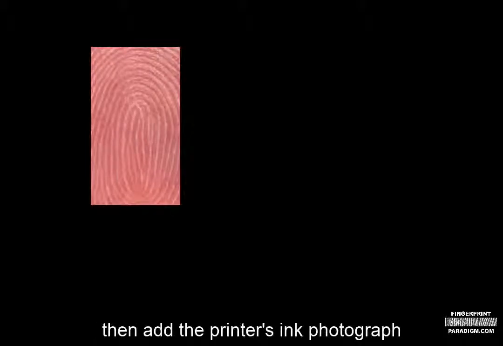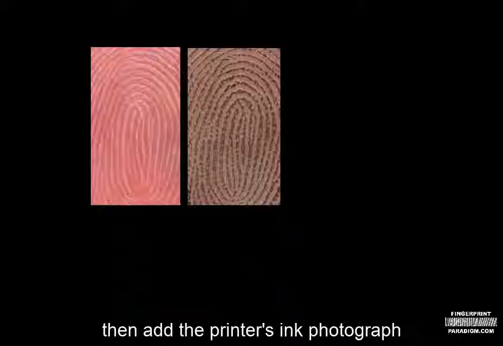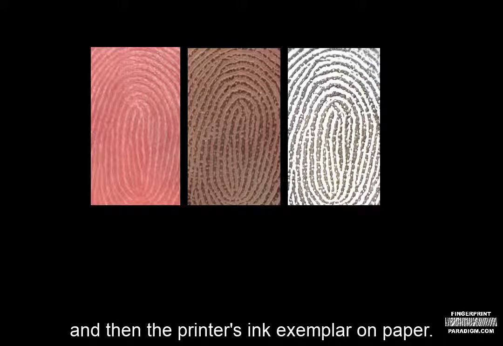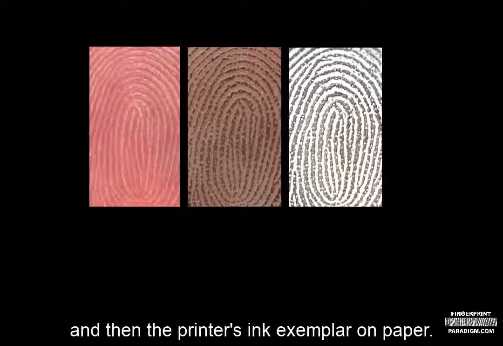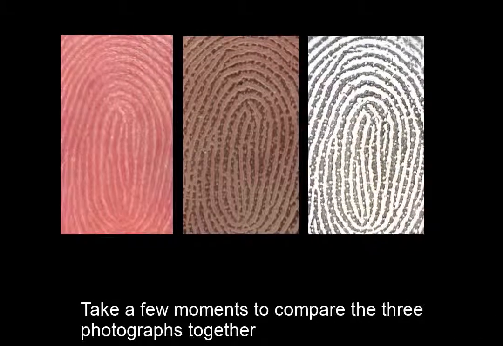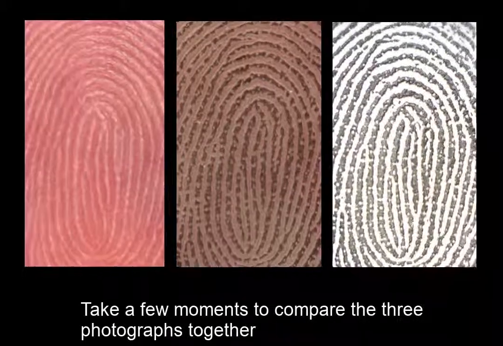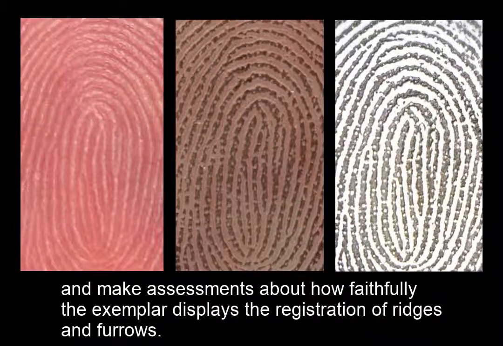Let's begin with the in situ photograph, then add the printer's ink photograph, and then the printer's ink exemplar on paper. Take a few moments to compare the 3 photographs together and make assessments about how faithfully the exemplar displays the registration of ridges and furrows.